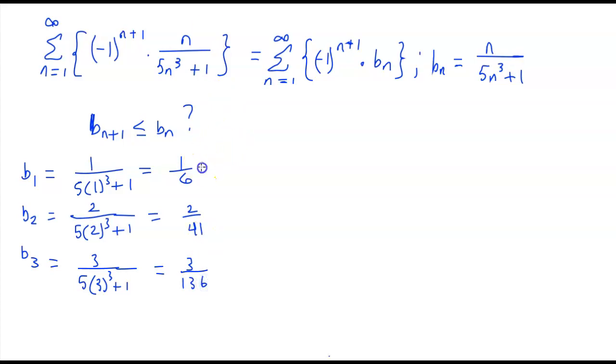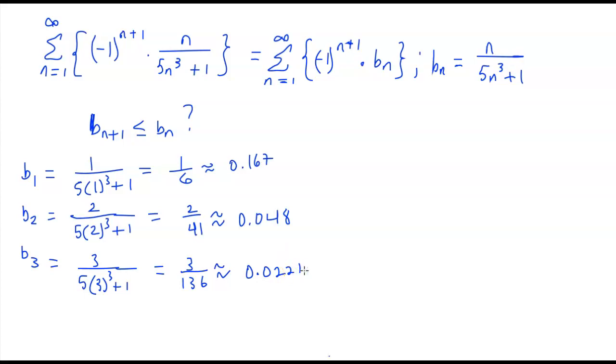Okay. If I was to approximate what these equal here, this would be approximately 0.167. 2 over 41 is approximately 0.048, and 3 over 136 would be approximately 0.0221.